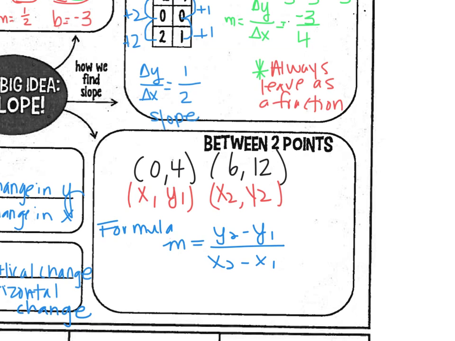So my slope equals y2, which is 12, minus y1, which is 4, over x2, which is 6, minus x1, which is 0. Now I'm going to simplify. Like any other thing, we reduce to lowest terms, but it stays a fraction. So my slope is 4/3. You will use the slope between 2 points a bazillion times.